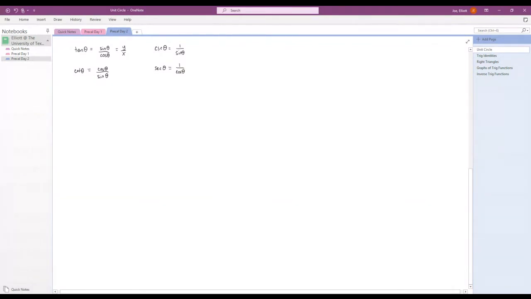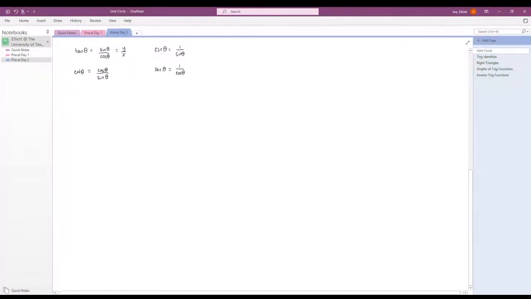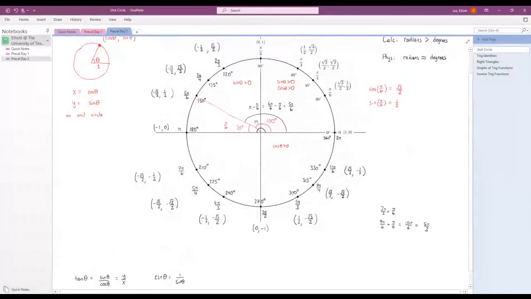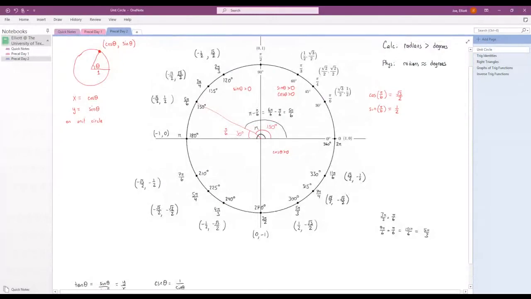So is the point of the unit circle to figure out the coordinate based on the trig function, or is it to know the trig function based on the coordinate, or both? For me, it's knowing the trig functions based off the coordinates.